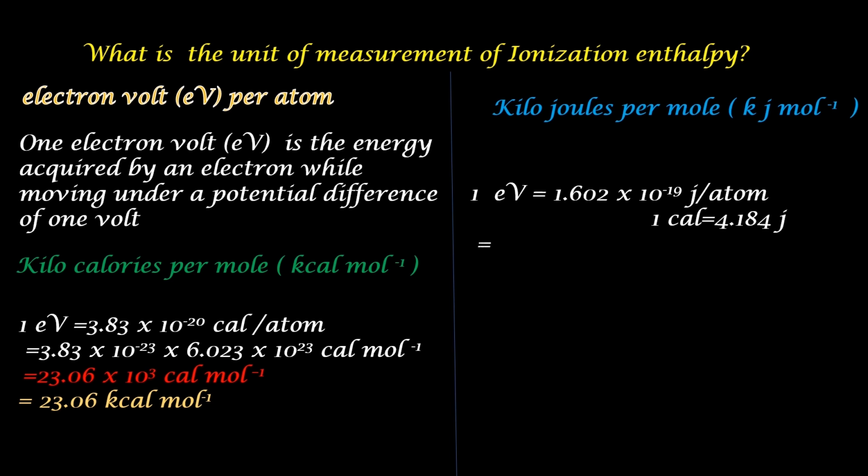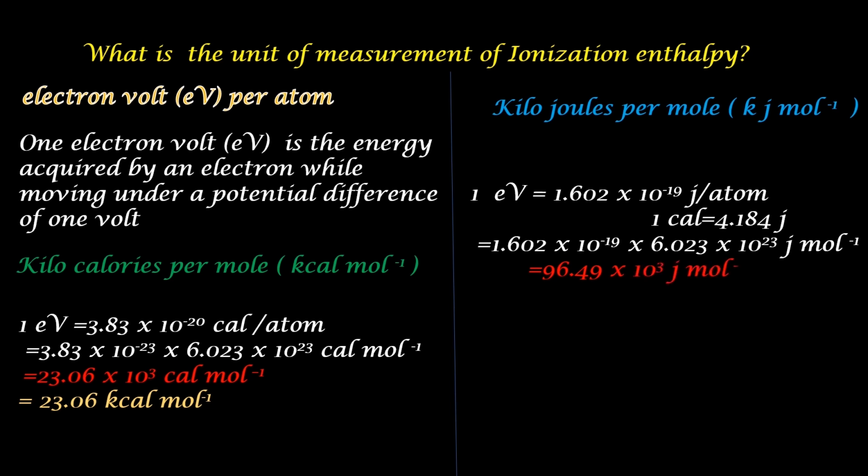This value is per atom. Now let us see it for a mole. Then it is equal to 1.602 into 10 raised to minus 19 into 6.023 into 10 raised to 23 joules per mole. On simplification, this becomes 96.49 into 10 raised to 3 joules per mole.